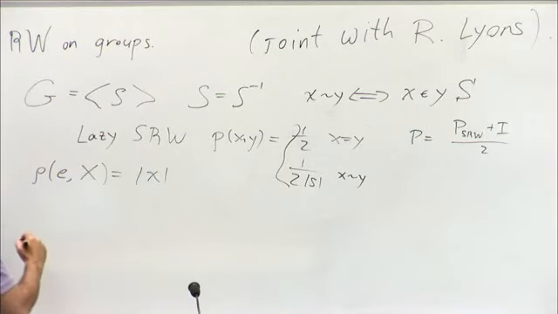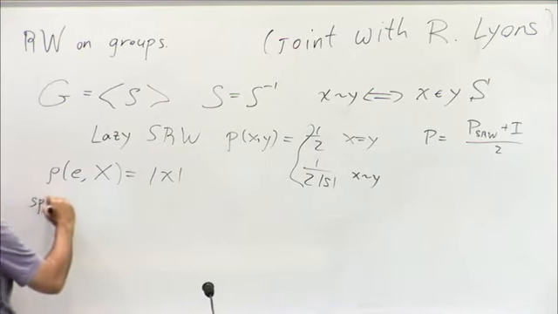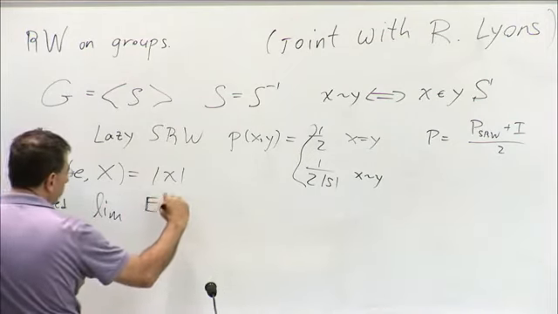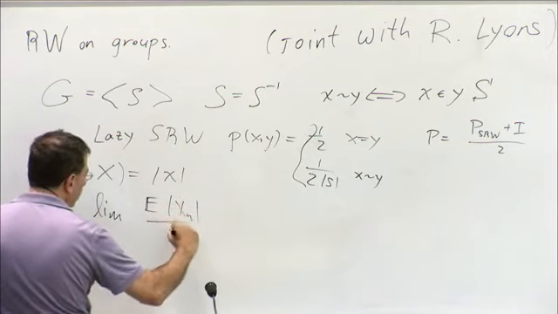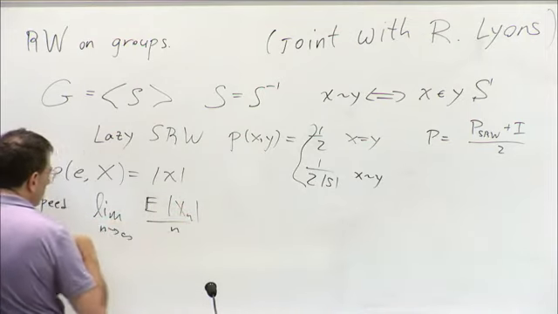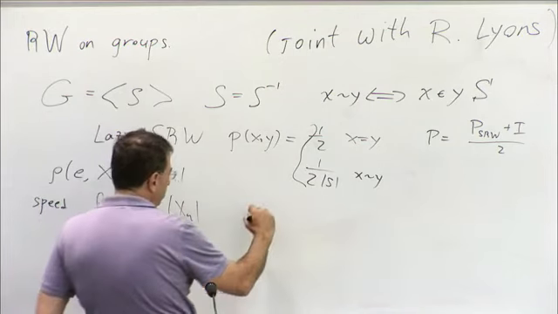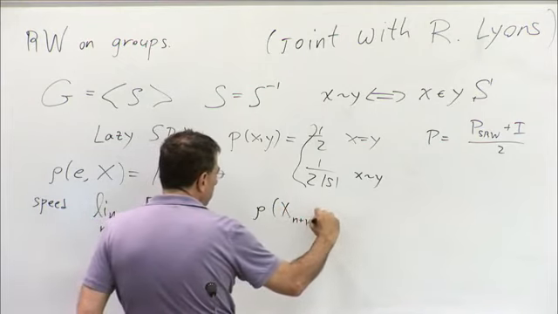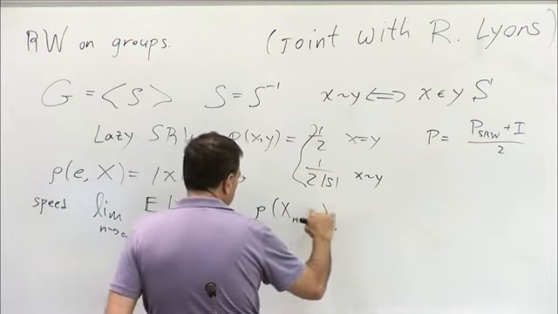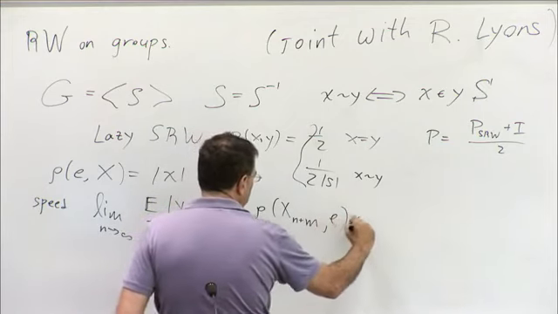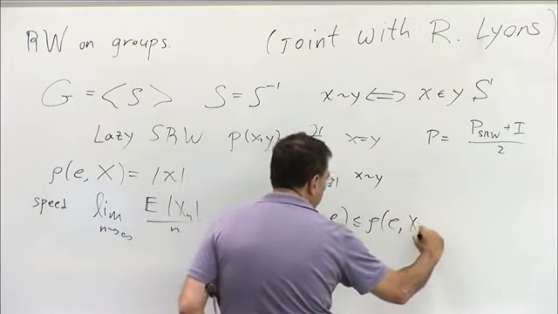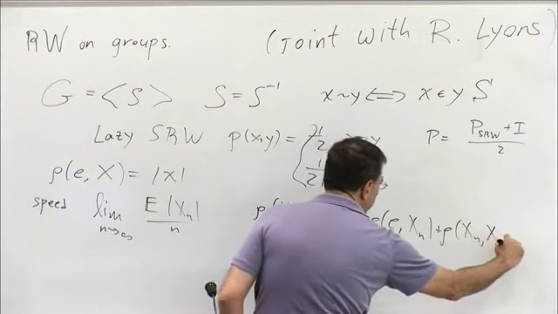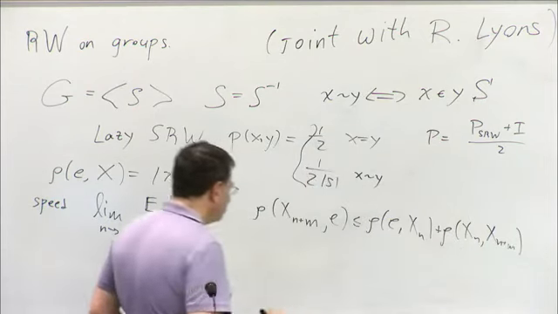And then the speed of the random walk is just the limit of the expectation of |x_n| divided by n. The reason this limit exists is that, if you write down the triangle inequality, the distance from e to x_{n+m} is at most the distance from e to x_n plus the distance from x_n to x_{n+m}.